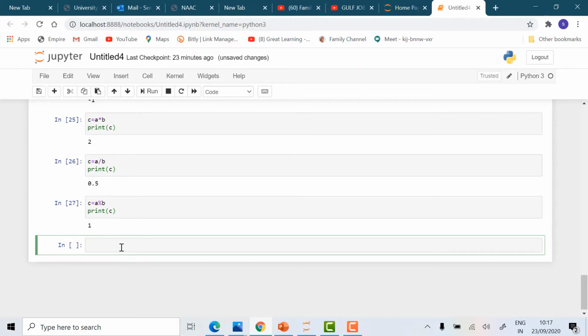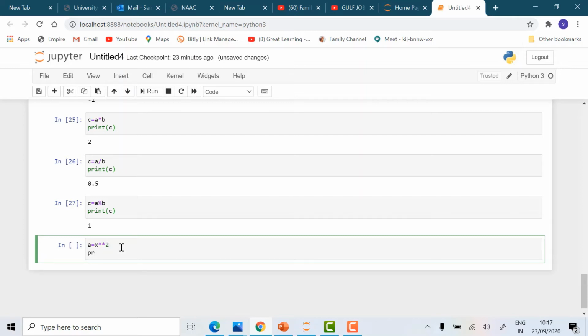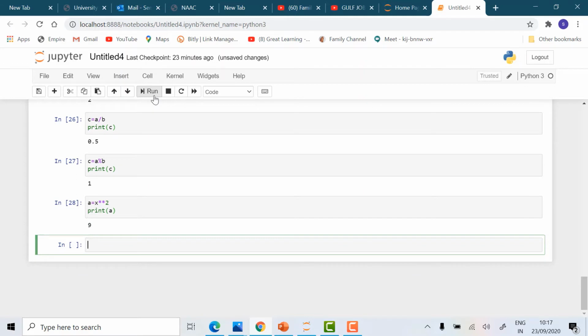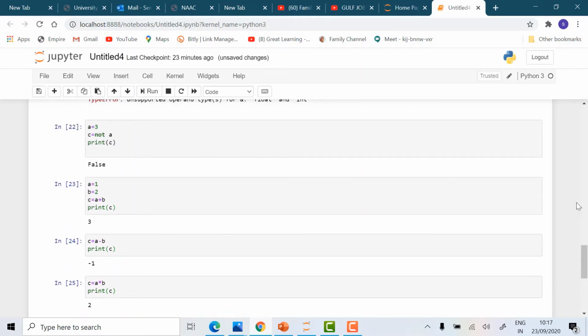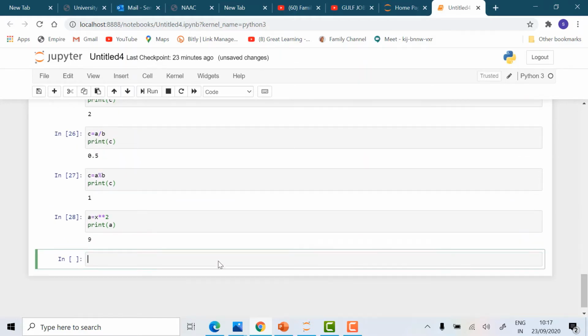Then we'll see the exponential. Suppose I write A is equal to x star star 2, then print A. You get 9. What's the value of x here? I think I had already assumed x before, that's why it's taking that.